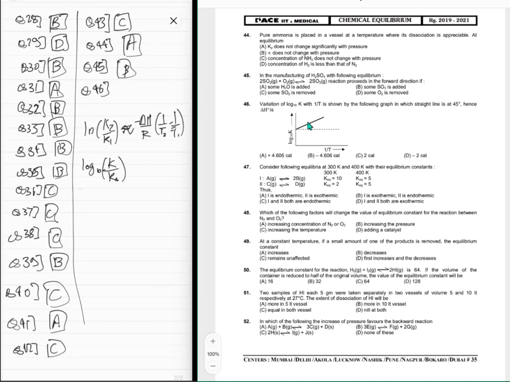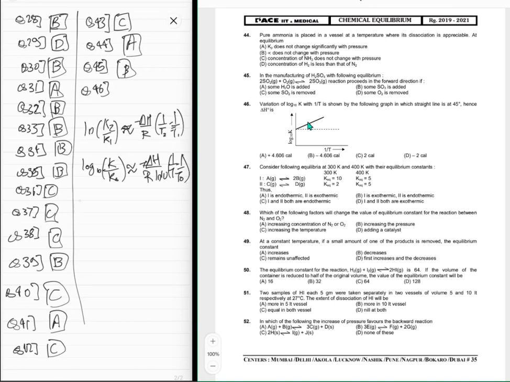Natural log is log base e, which is log base 10 upon log base 10 of e. That's approximately negative delta H upon R times natural log of 10, which is 2.303, times 1 upon T minus 1 upon T naught.